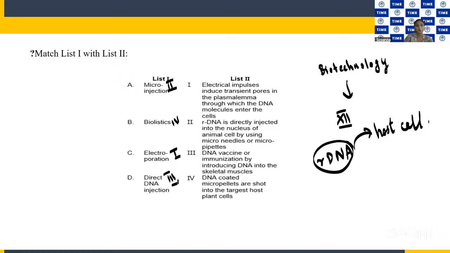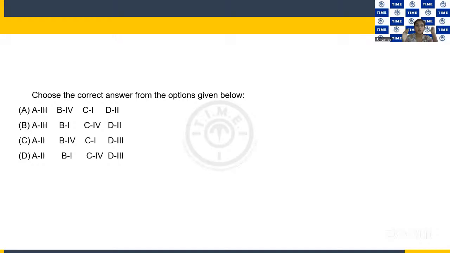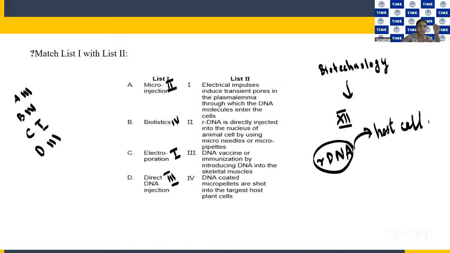Understood? So now we have got a pattern here, right? A3, B4, C1, and D3. Okay, this is the pattern that we have got. This is the options. Okay, just see whether we are getting this pattern in our options or not.